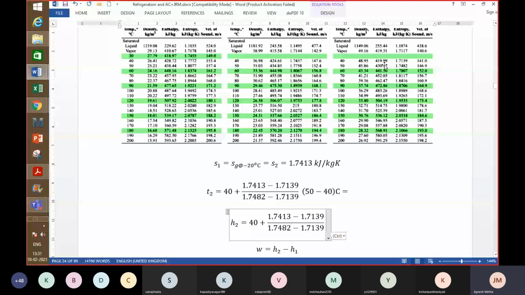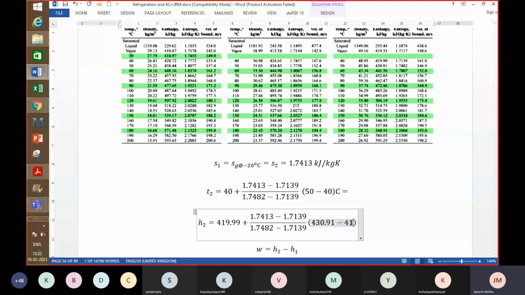And this is the entropy difference. At 50 it is 430.91, and at 40 it is 419.99, right?